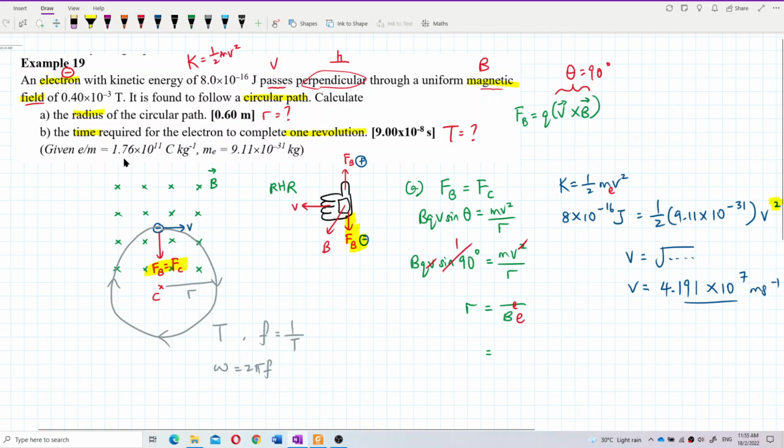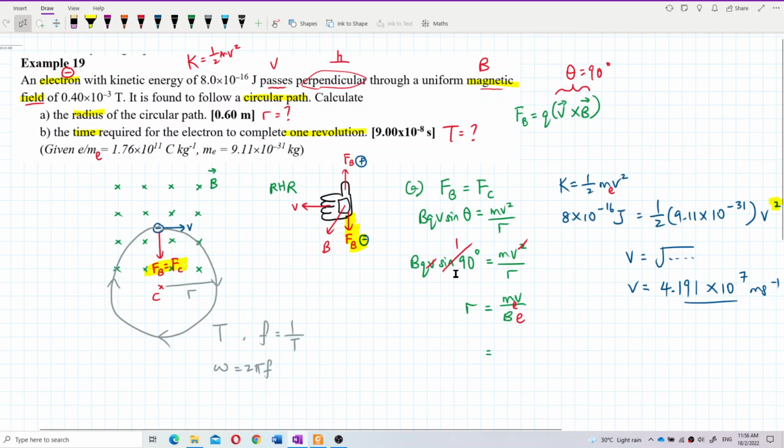All right, never mind. Okay, wait, this is correct. I mean the electron per mass. I think you can use this value: the electron charge per mass of electron.